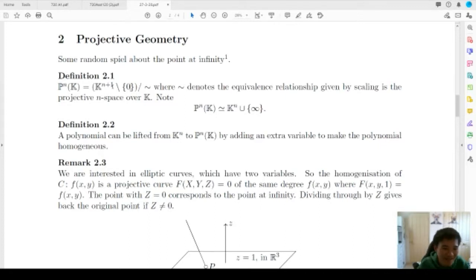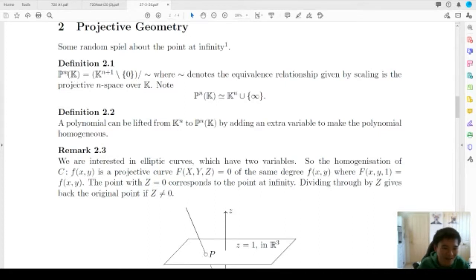So projective space Pn of some random field K, just take R or something, is the thing here. So you kind of lift it up one dimension, take away the origin, and then quotient it by this equivalence relation, which is that two vectors are equivalent if they are a scalar multiple of each other.